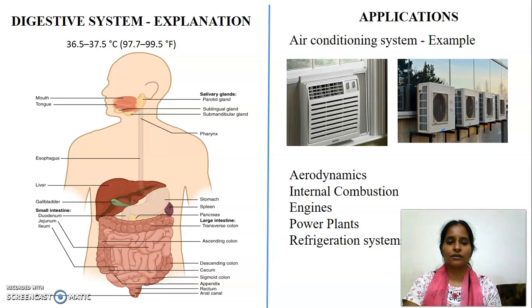So here the input is your food items, and the output is energy or work which comes out from you.